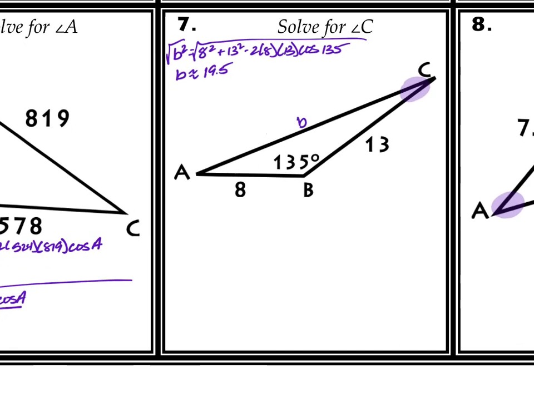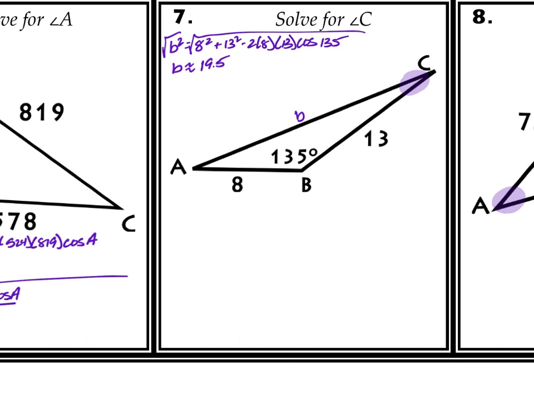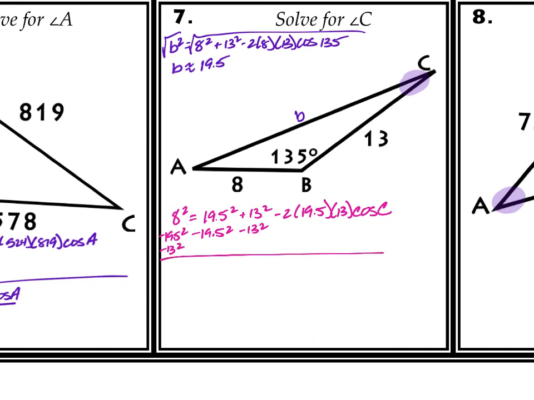Please do that. Okay, so now that I know all 3 sides, I can find angle C by doing 8 squared equals 19.5 squared plus 13 squared minus 2 times 19.5 times 13 times cosine of C. So if I subtract 19.5 squared and I subtract 13 squared, I get negative 485.25 equals negative 507 cosine of C. Then I divide by negative 507.